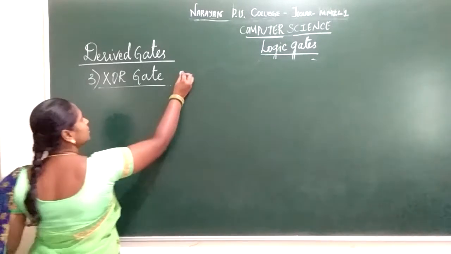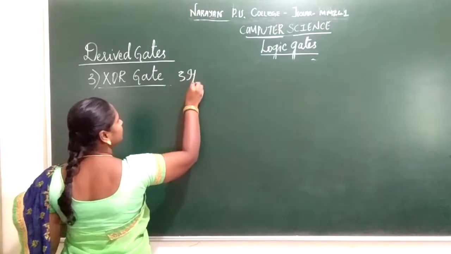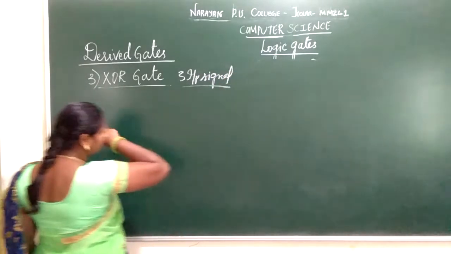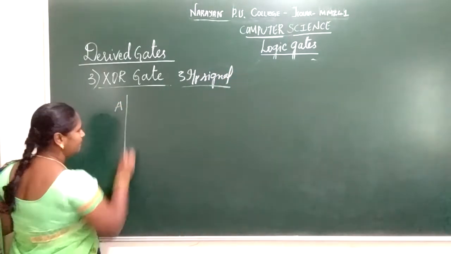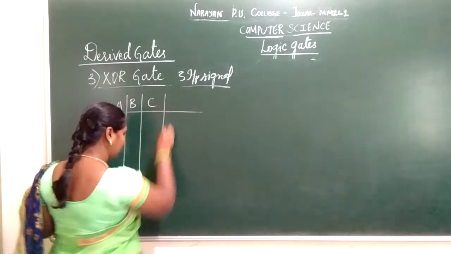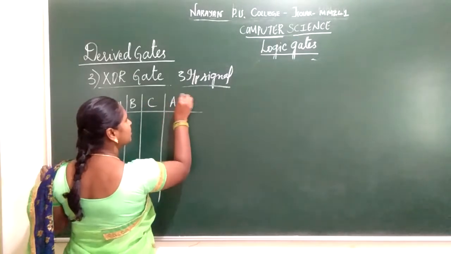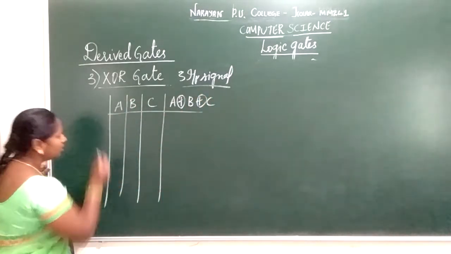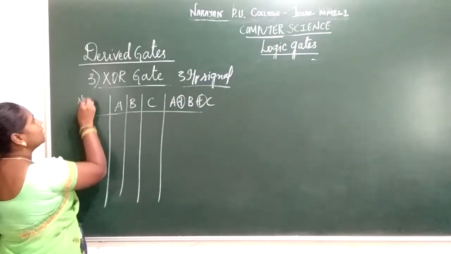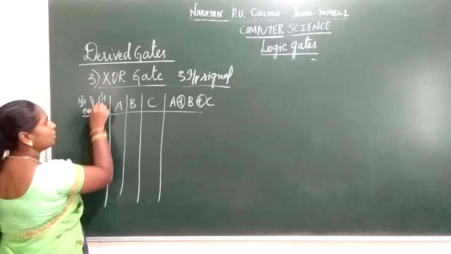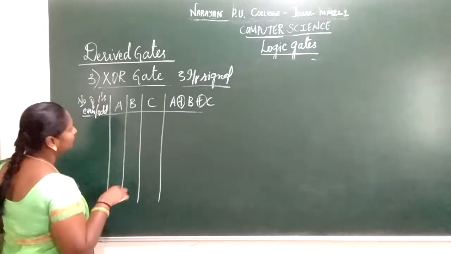See, for a 3 input signal, how is the truth table going to be? You are going to take A, B, C. Here you represent A exclusive B exclusive C. For your understanding, you can write number of ones, even or odd.